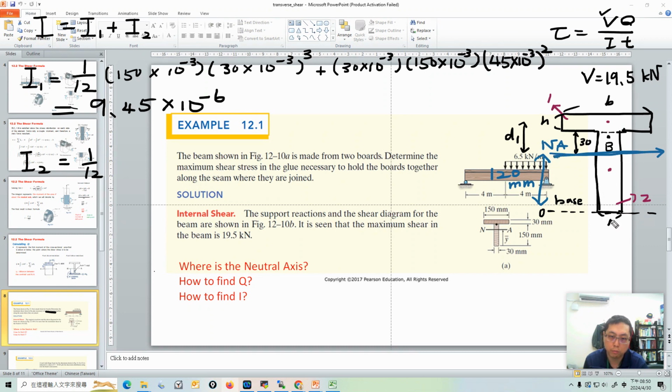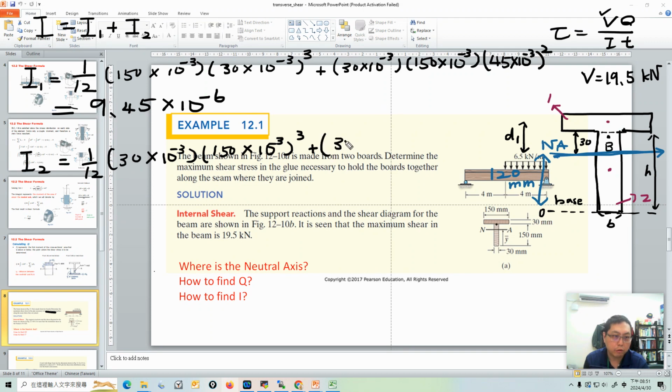Here is your b, and here is your h. So maybe I erase this out. Right now here is our h. So b is 30 millimeter, and h is 150 millimeter cubed, and plus AD squared.